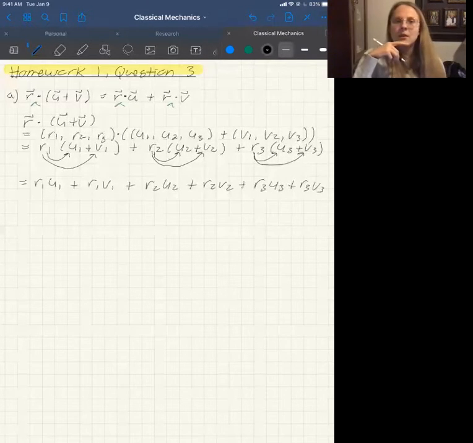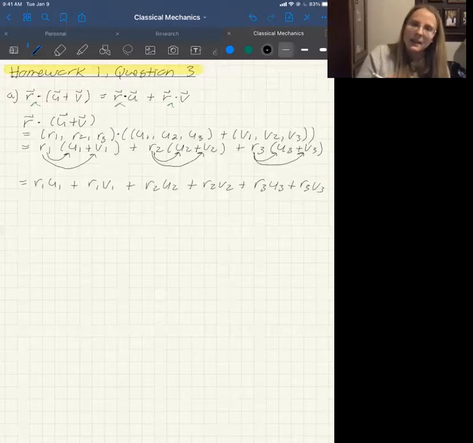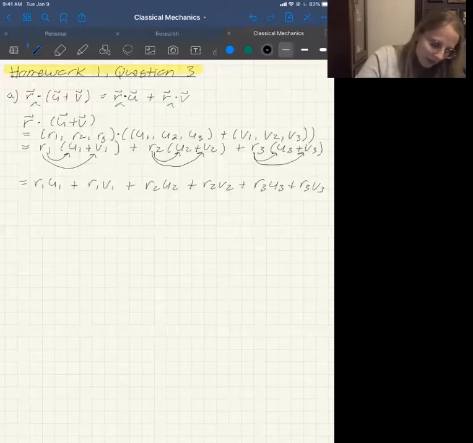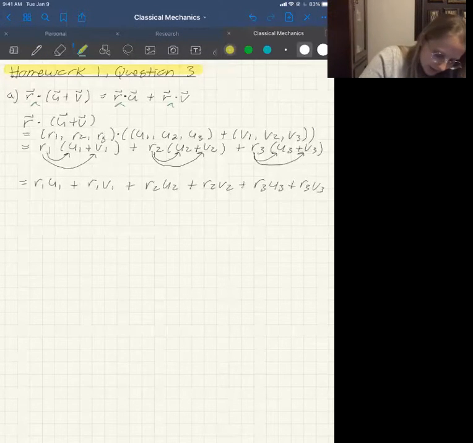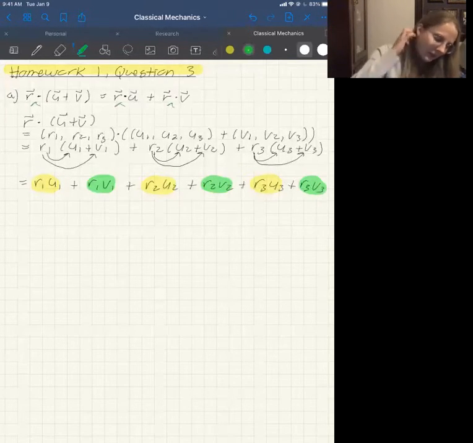Now, since all these terms are added together, I can rearrange them and group them in any way I like, and it'd still be the same expression. So I'm going to take these 3 terms with U's in them and group them together, and I'm going to take these 3 terms with V's in them and group them together.